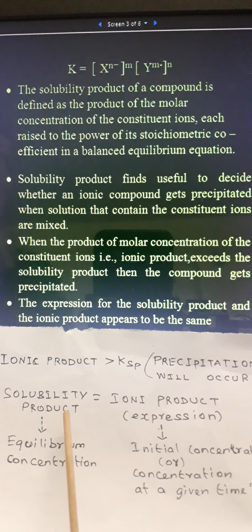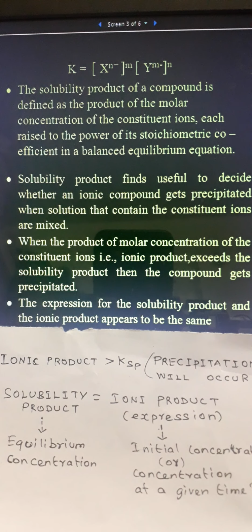In solubility product, the molar concentration is taken as the equilibrium concentration. In ionic product, the initial concentration, or the concentration at a given time t, is used. The expression of ionic product is similar to the expression of solubility product.